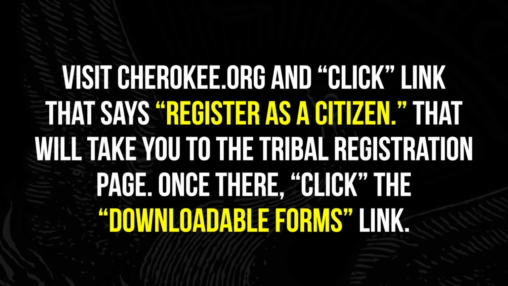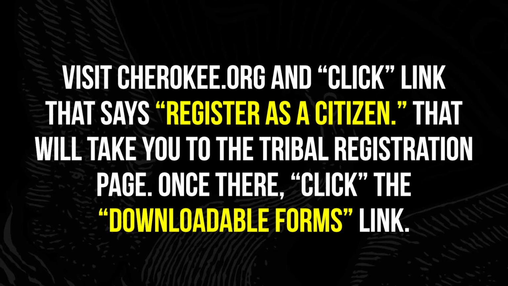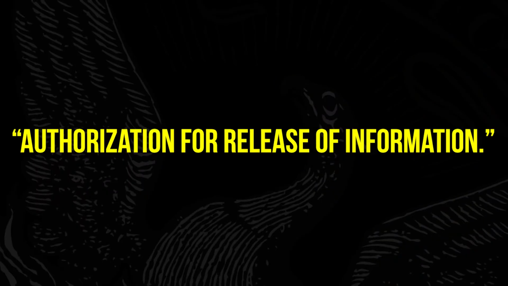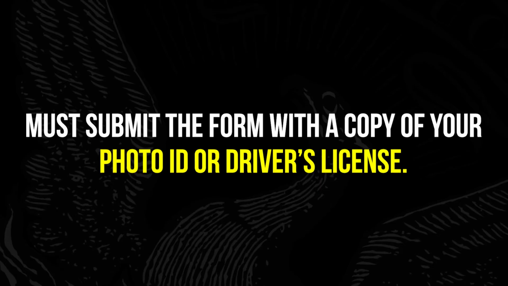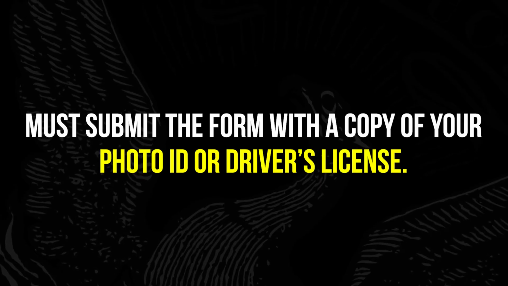That'll take you to the tribal registration page, and then you want to click on downloadable forms. It'll be the very first form, the very top form. It'll say authorization of release of information. You fill that form out and submit it, either by email, fax machine, or in person, along with a copy of your photo ID or driver's license, and then we can get that to you.